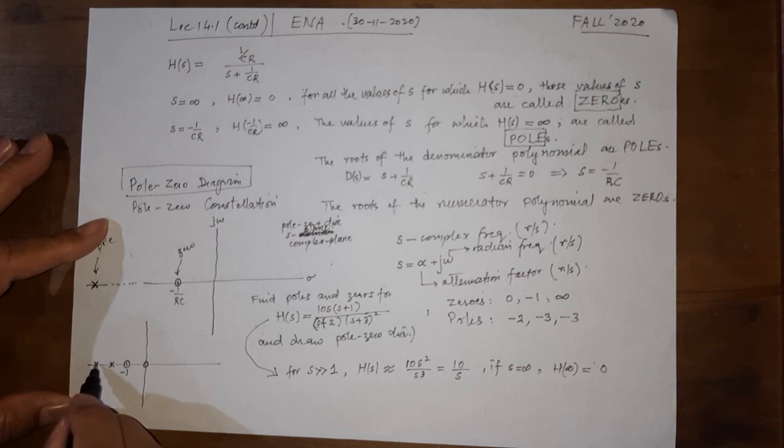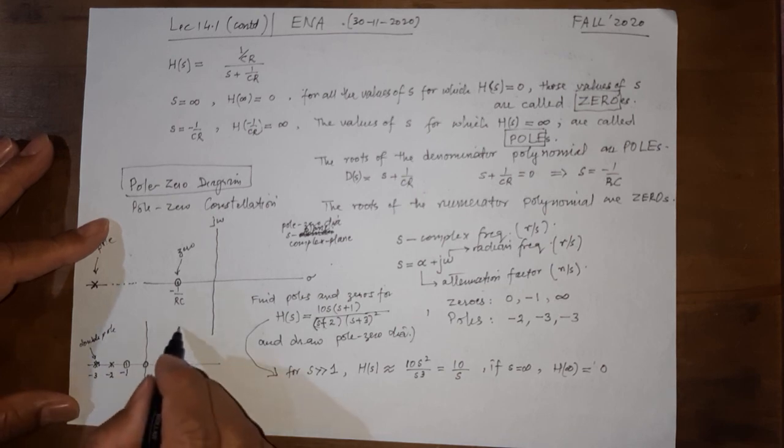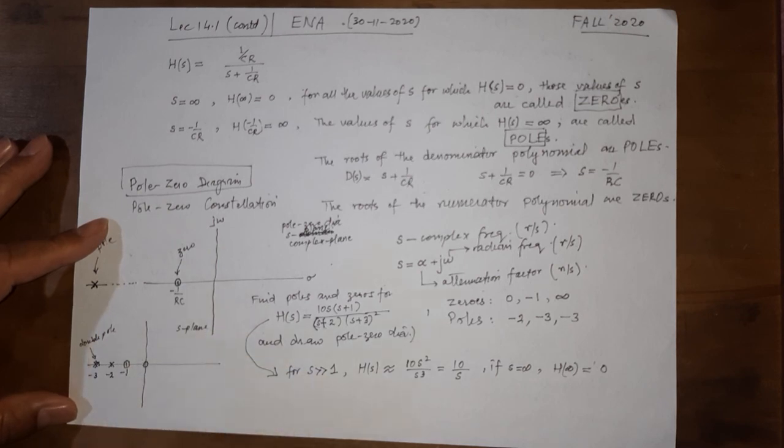Either we draw it in some way or just write that we have a double pole here. So let us draw it some way as well. At minus 3 we have a double pole, minus 2 we have a pole, and this is in the s-plane. This is the pole zero diagram.